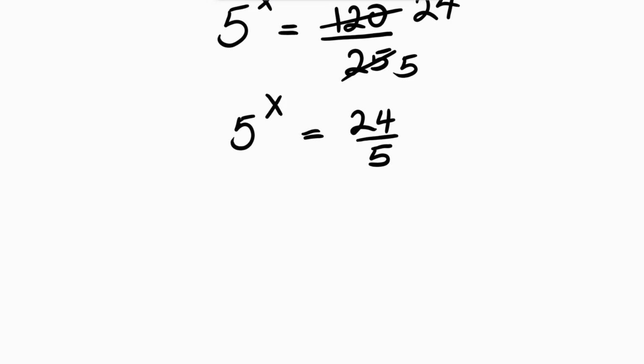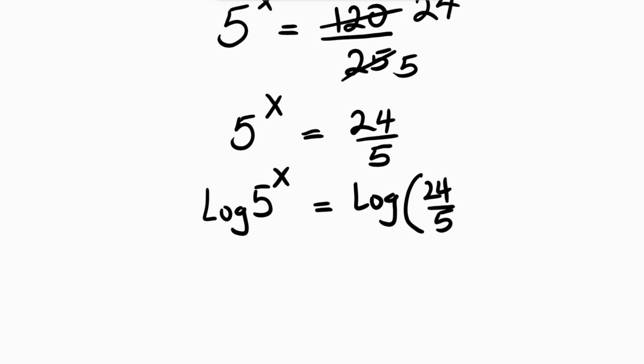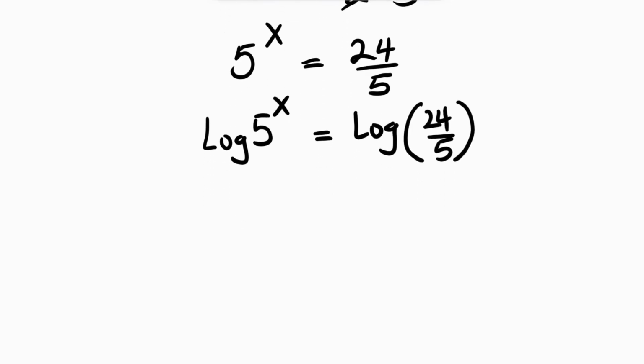So now, to continue on this solution, we need to apply log to both sides. So now we have log 5 raised to the power x equals log of 24 divided by 5.